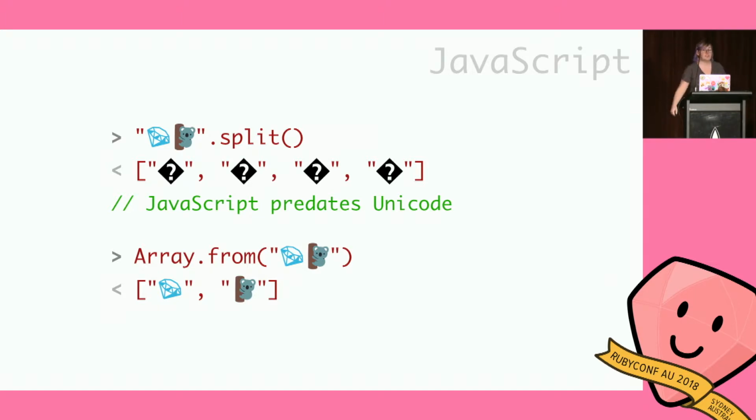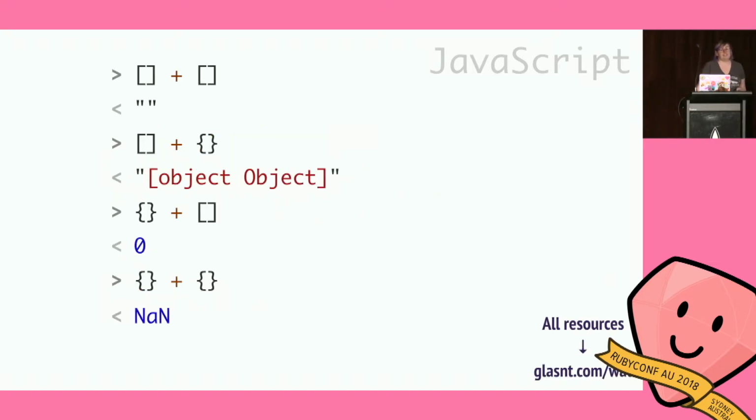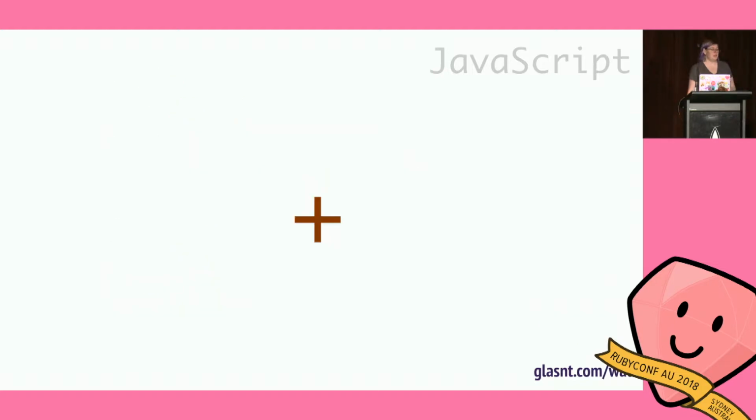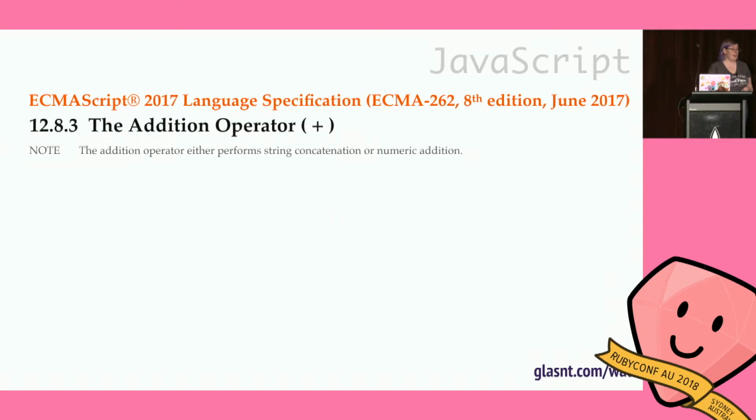This year's about JavaScript. In this particular example, this is a little bit more complicated. So being a completely, absolutely technical talk, I'm going to talk to you about plus. This is going to be complicated. So let's go to the spec. The ECMAScript 2017 language specification, 8th edition from June 2017.